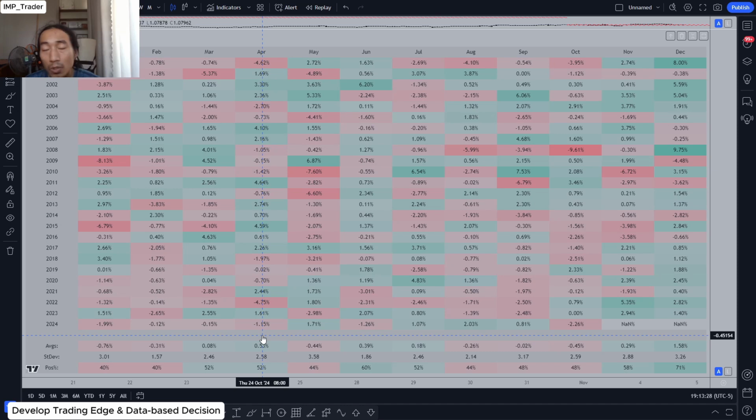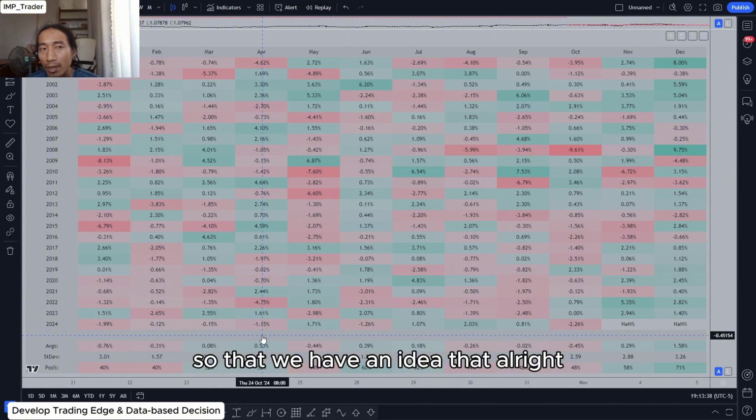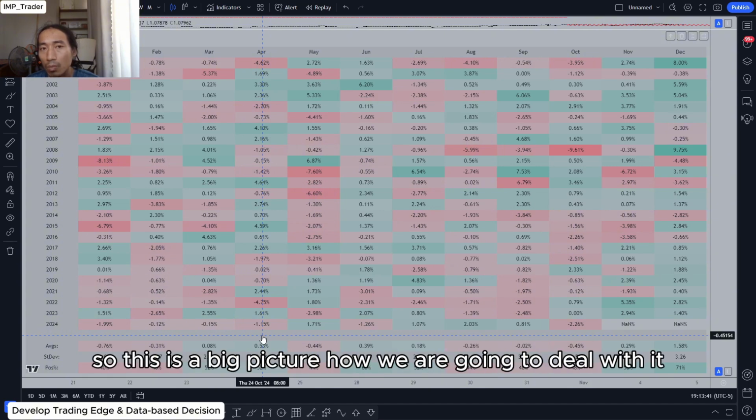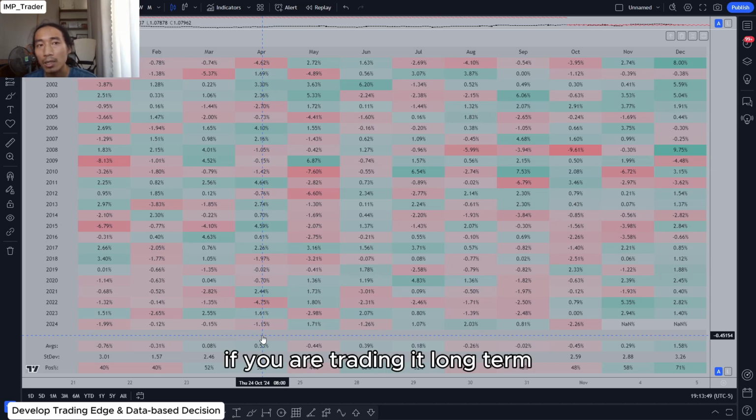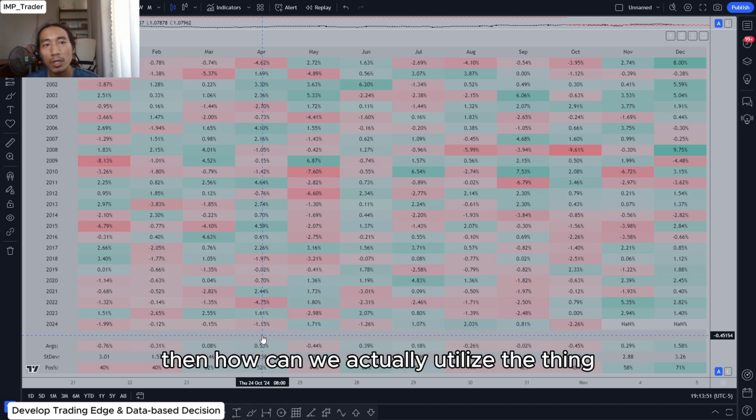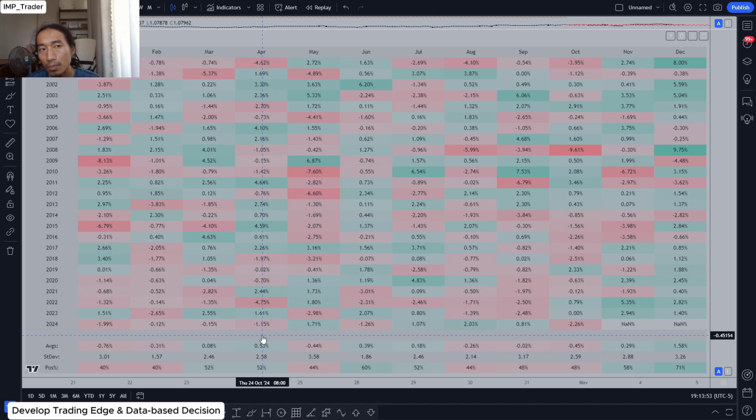So I just gave you an example of reading the data in terms of seasonality and monthly stats, so that we have an idea of the big picture of how we are going to deal with it, and how we are going to trade it in the short term. If you are trading it long term, then how can we actually utilize this?